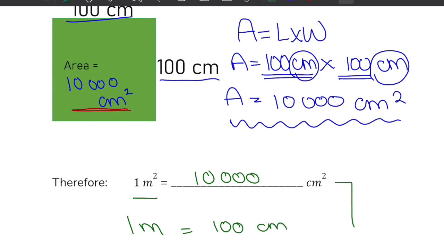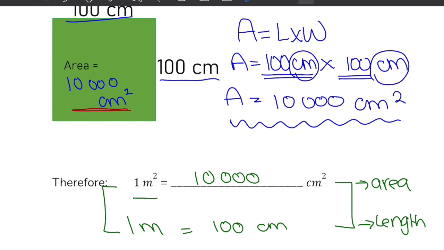So notice how these two are different. This one is for length, and this one is for area. It's not the same conversion. What's the difference, though? The difference is that instead of multiplying by 100 to go from meters to centimeters, we multiplied by 100 twice because area is two-dimensional.